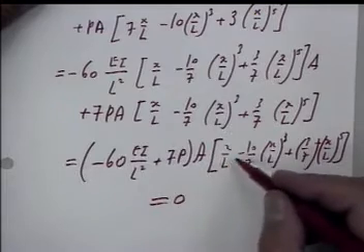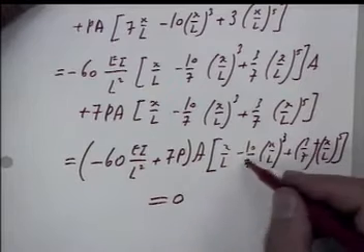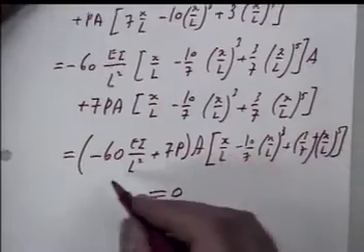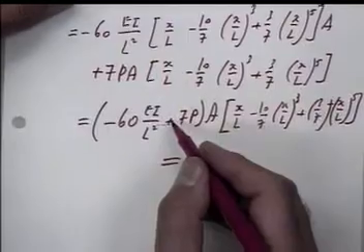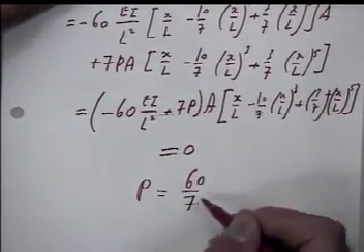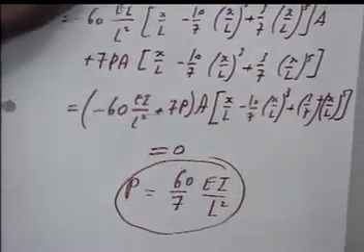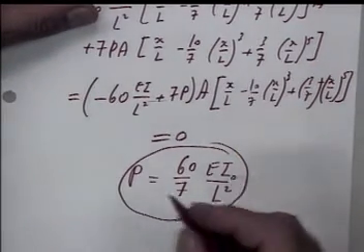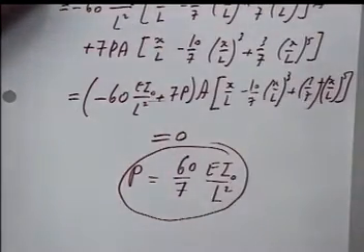This can equal A because this does not equal 0 anywhere, except at 0. So not everywhere it equals 0. So if this is 0, then it's okay. So P equals 60 over 7 EI over L squared. If P equals 60 over 7 EI 0 everywhere, then everything is okay.